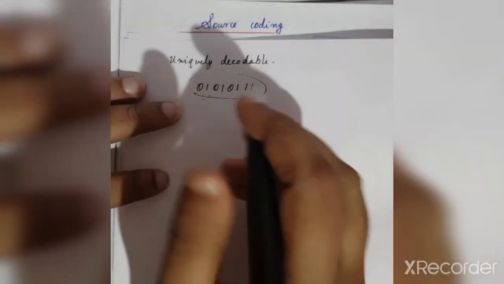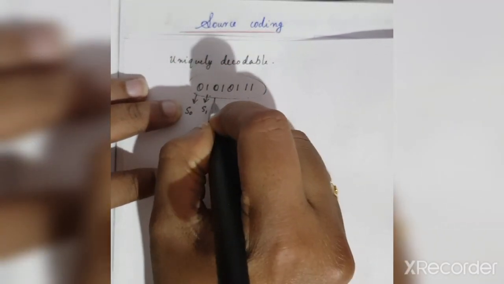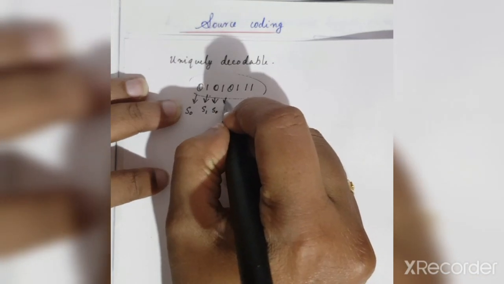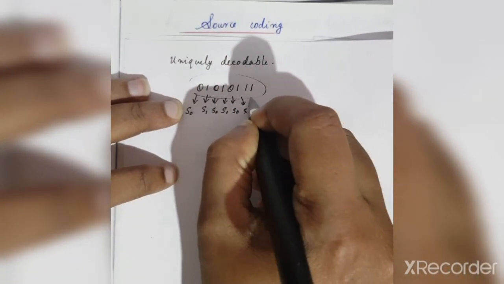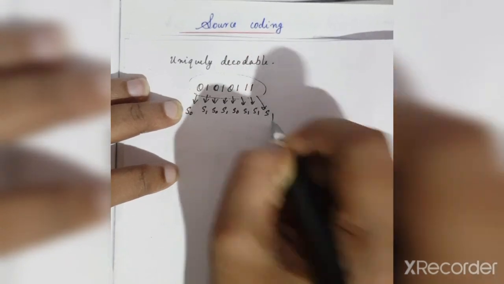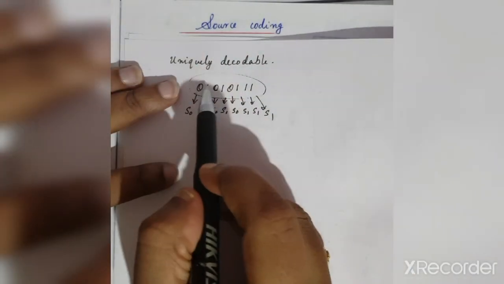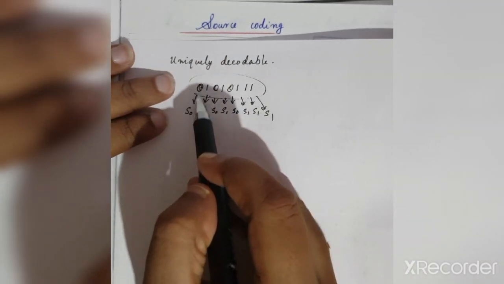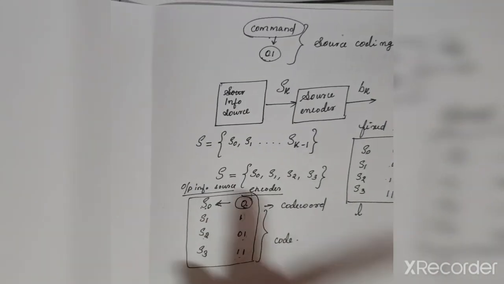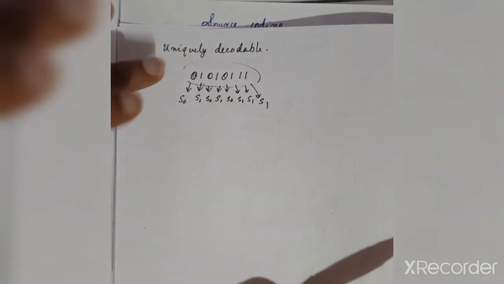One way is decoding it as S0, S1, S0, S1, S0, S1, S1, S1. For each of these binary representations, we are just decoding which symbol it is, the reverse process. This is one way of decoding.